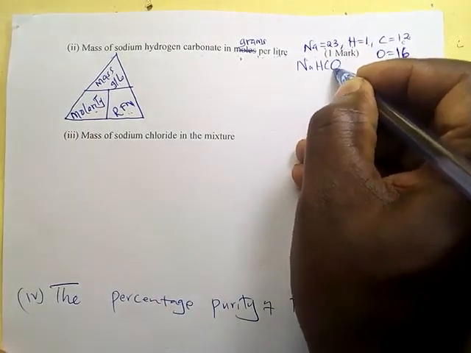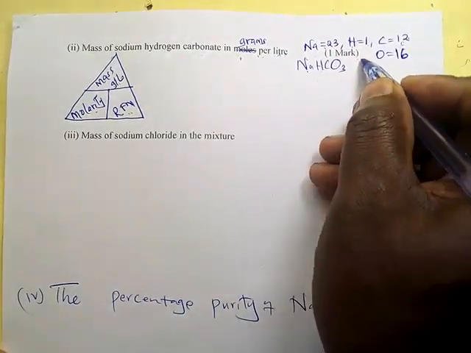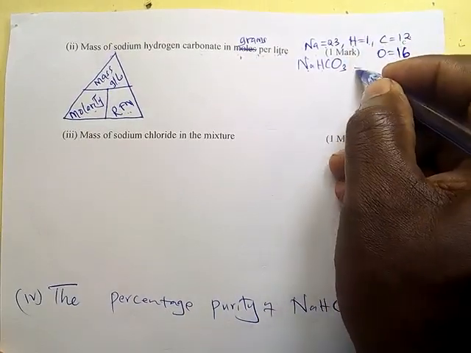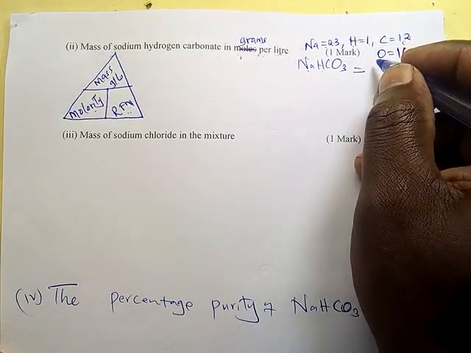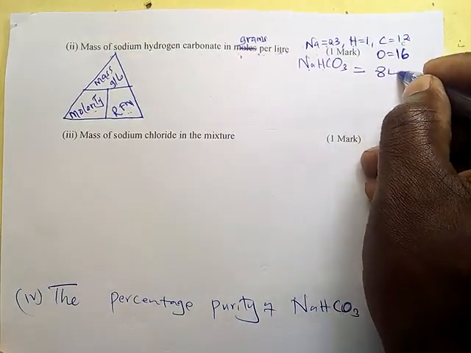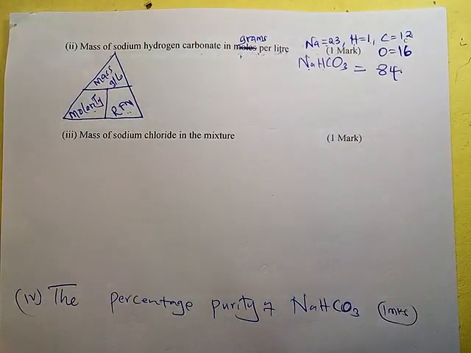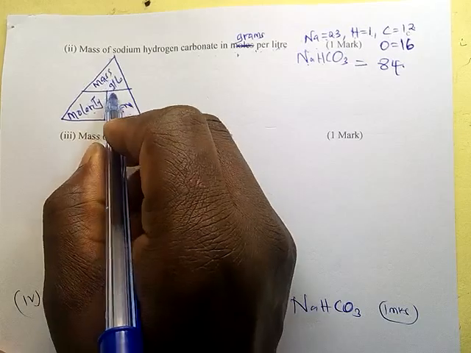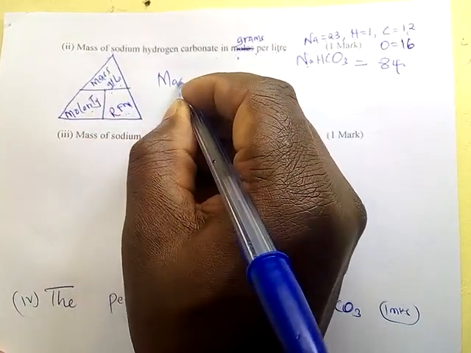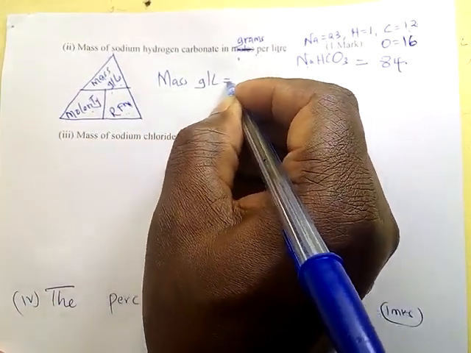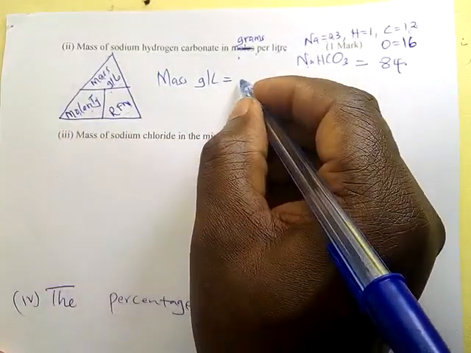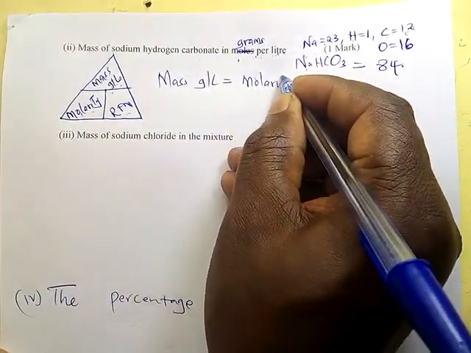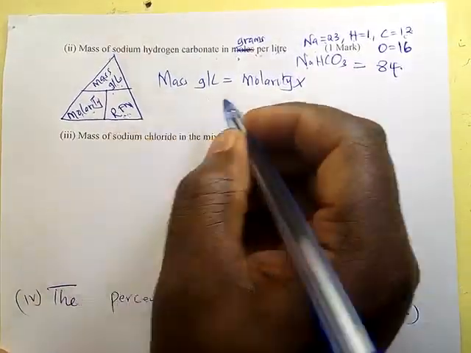Using the relative atomic masses, the RFM of sodium hydrogen carbonate is 84. So mass in grams per liter is equal to molarity times RFM.